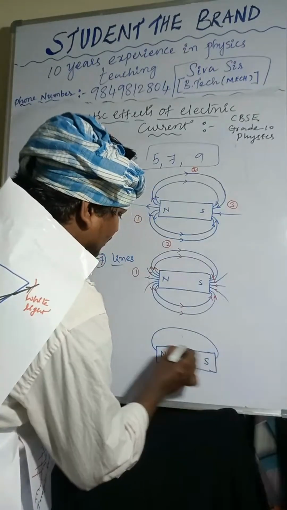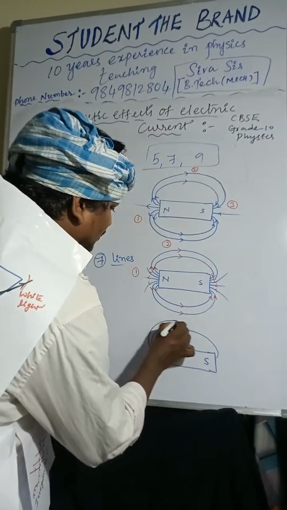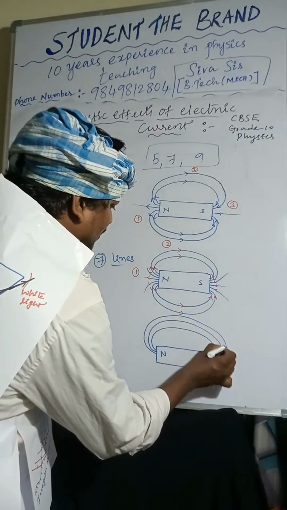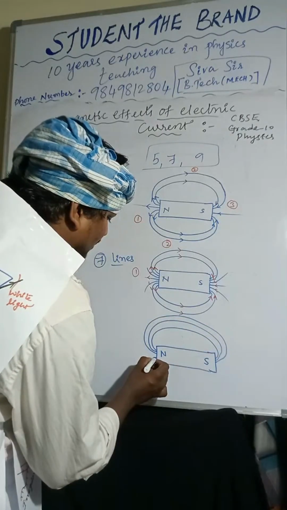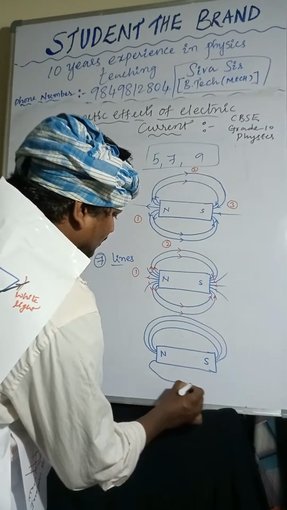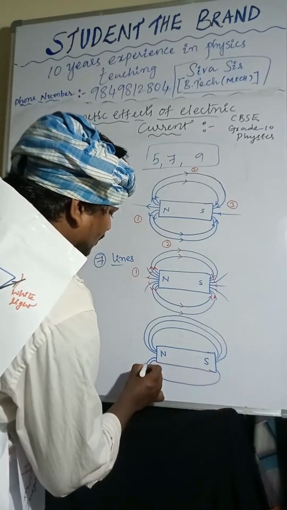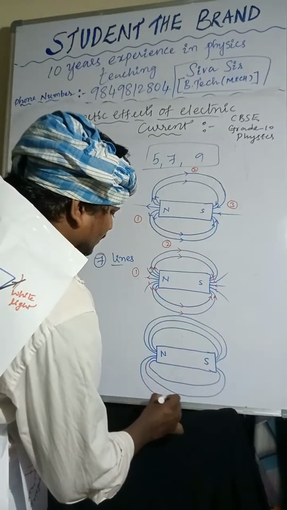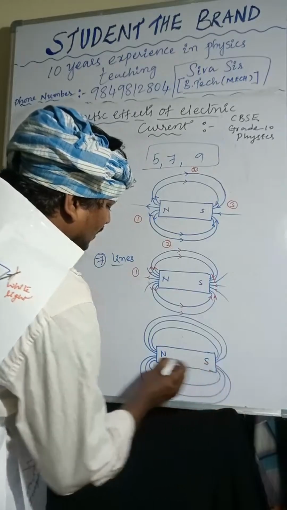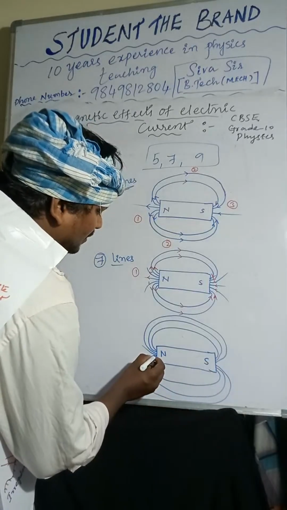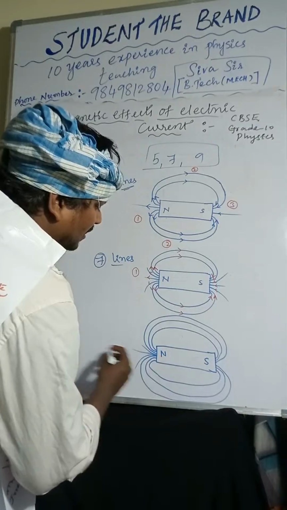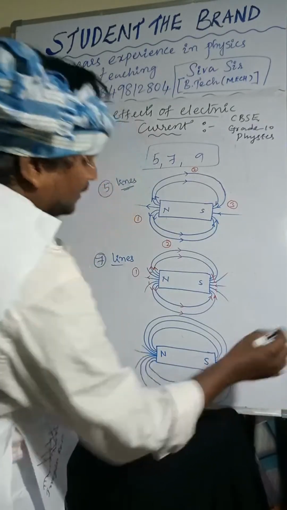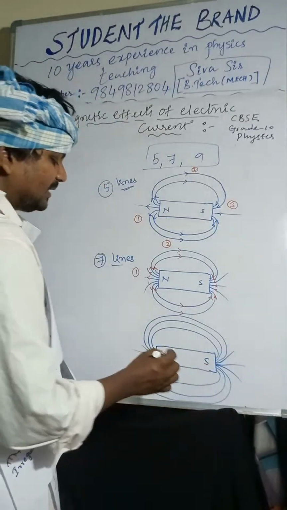Take 3 lines above, 3 lines below, and in the middle you can draw 3 lines.